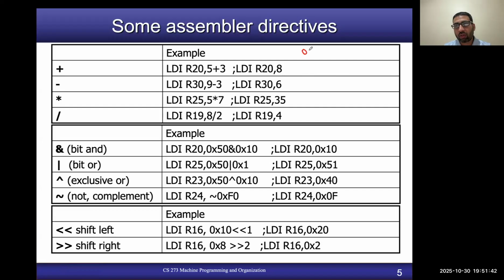So 0, 0, 0, 1, and then 4 zeros, right? So this is the binary of 0x10. And then I'm saying shift this number towards the left. How many times? One time.